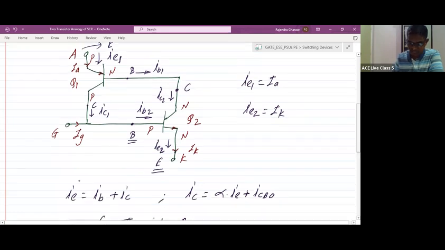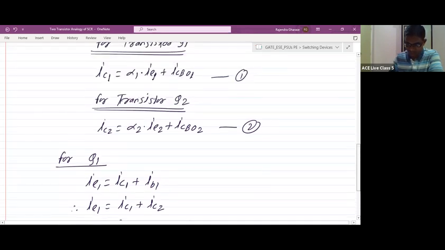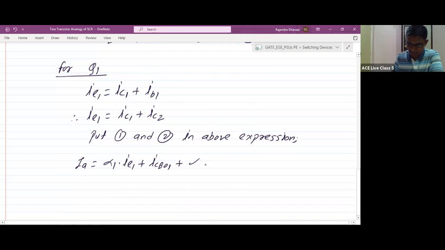So IA is equal to IC1, which is alpha 1 into IE1 plus ICBO1, plus IC2, which is alpha 2 into IE2 plus ICBO2.